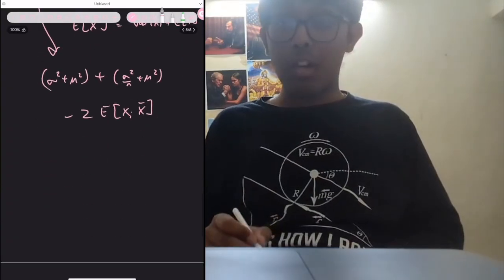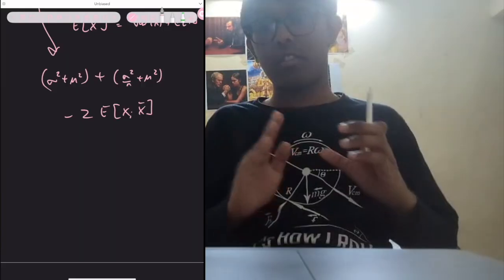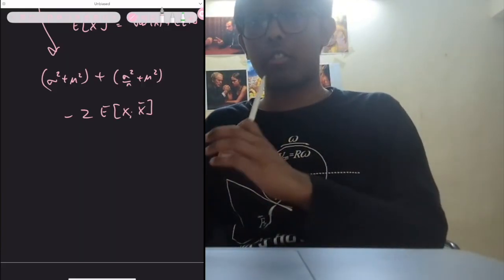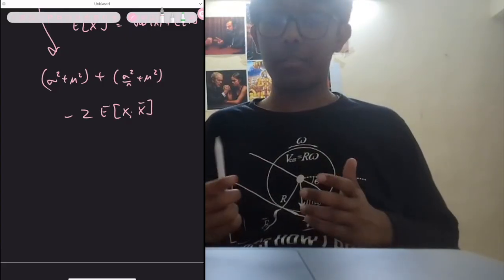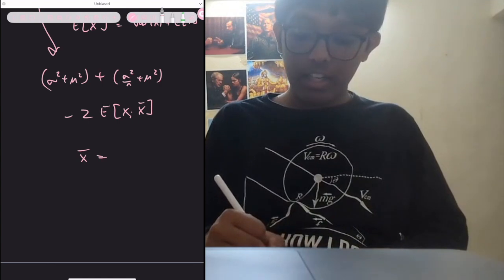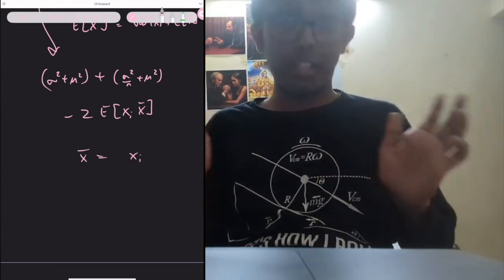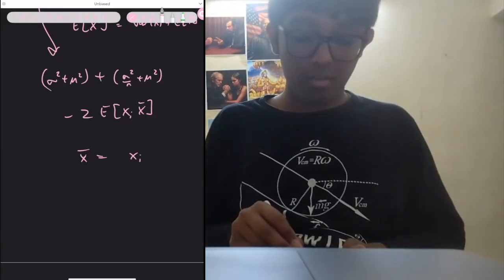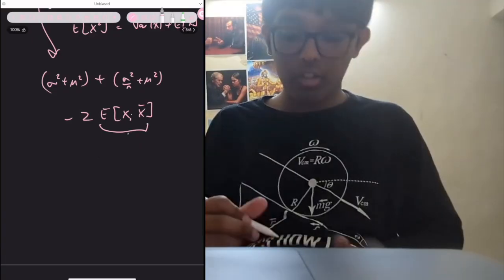Now you can't separate it out by saying the expectation of xy is the expectation of x times the expectation of y, because here xi and x bar are clearly not independent, since x bar contains a term of xi. Anyway, this quantity is our focus right now.